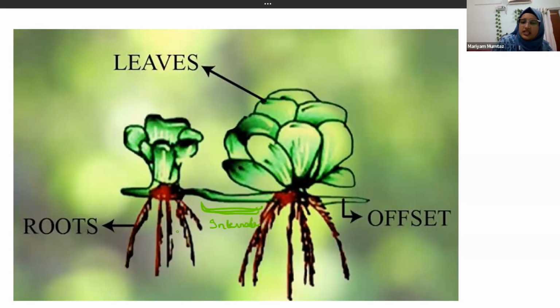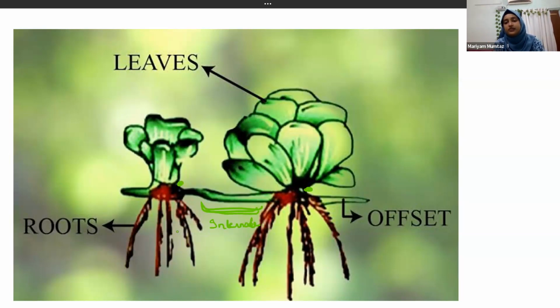Why? Because it is present in between two nodes. This structure here and this structure here are known as the nodes. And what arises from the nodes? Not here, but in general, what arises from the nodes?